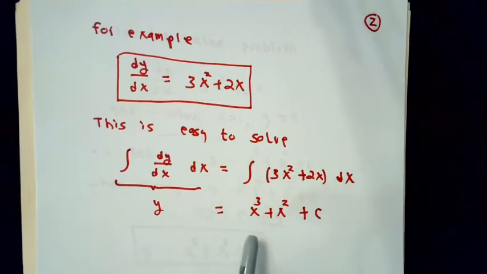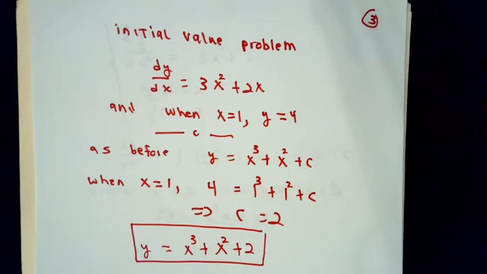So y could be x cubed plus x squared, but because the derivative of a constant is 0, it could also be x cubed plus x squared plus a constant. C will be called the constant of integration as usual. If I give you additional information though, for example, if I tell you that when x is 1, y is supposed to be 4, if you put this into the solution that we just found, you can easily calculate the value of C to be 2, and in this case there is no unknown constant in the problem.